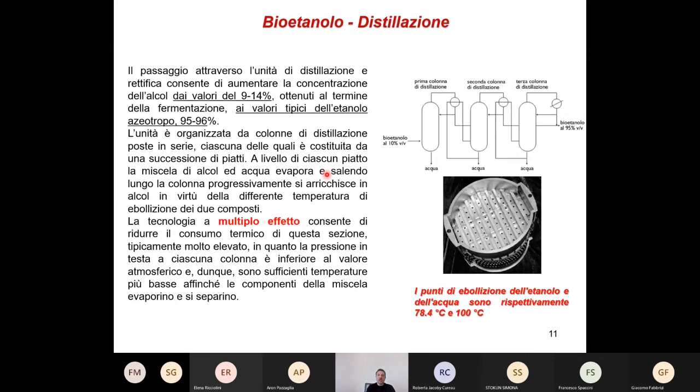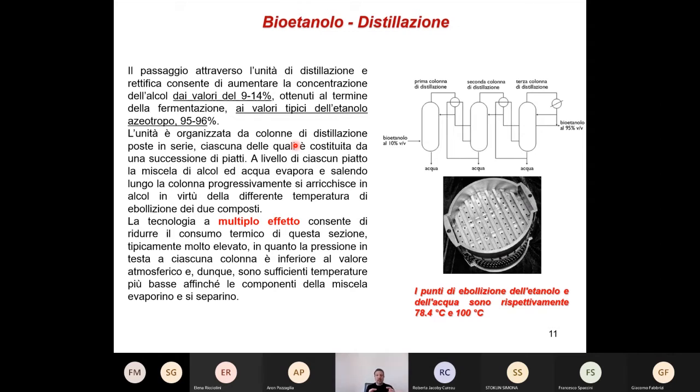And the final step is the distillation. You can see the average concentration of bioethanol at the end of the fermentation process, from 5 to 15%. And through the distillation, which means that you have a mix of water and ethanol.